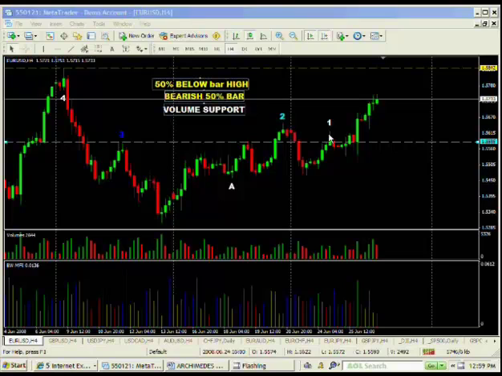Gravity is in control. That tells us the momentum or strength at that moment is to the downside. It doesn't necessarily mean price is going to make a drastic drop from A to B, but it does mean price is likely to reverse and go back down and test bottom support.